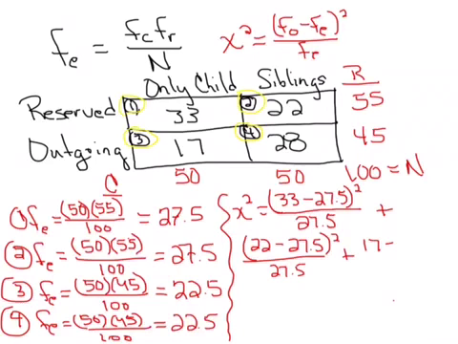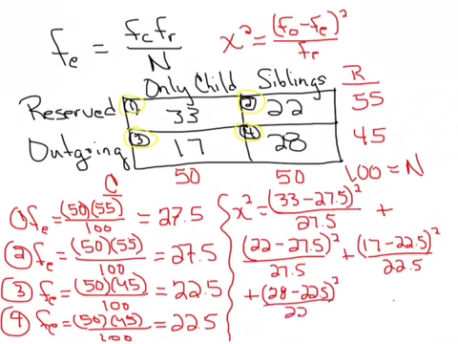Its expected frequency is 22.5, squared over 22.5. And then the last cell we'll add, I'm kind of doing a running log here, cell 4's observed frequency is 28 minus our expected frequency is 22.5, squared divided by 22.5.